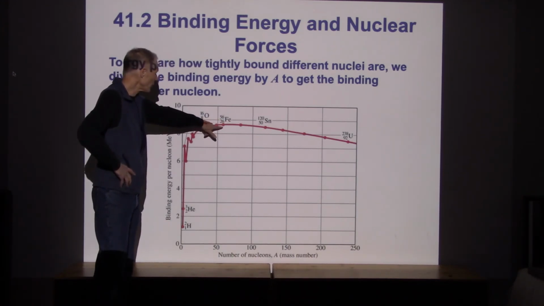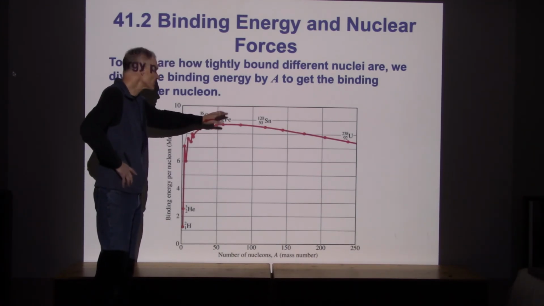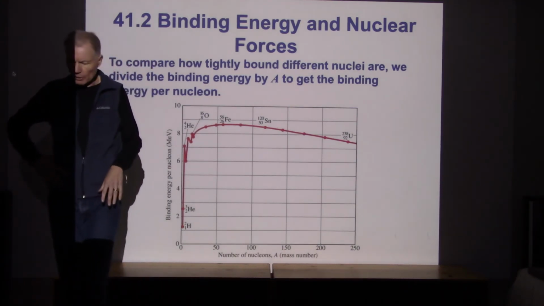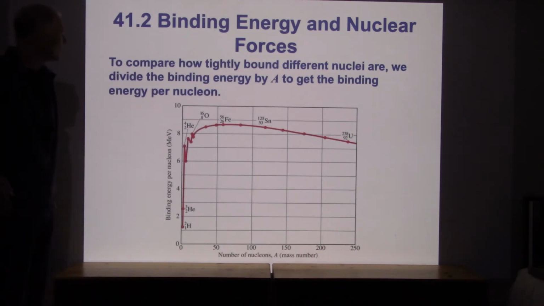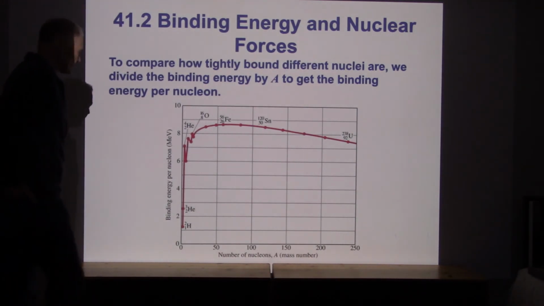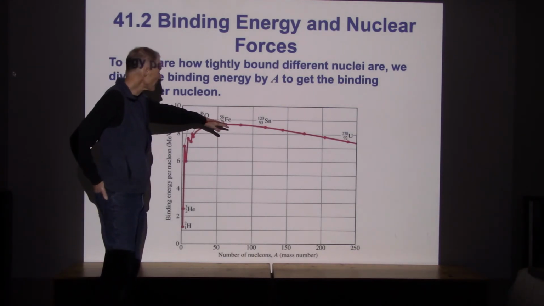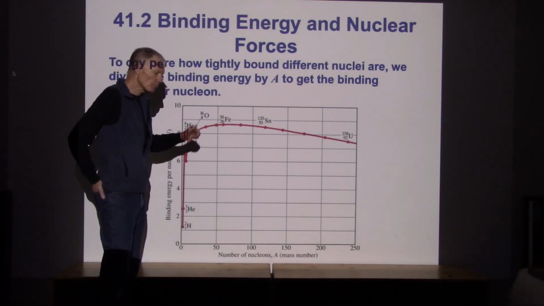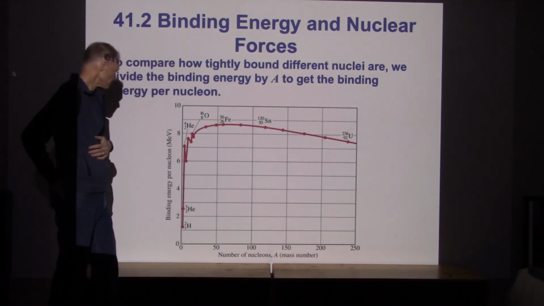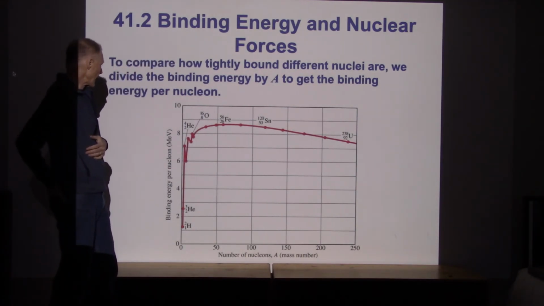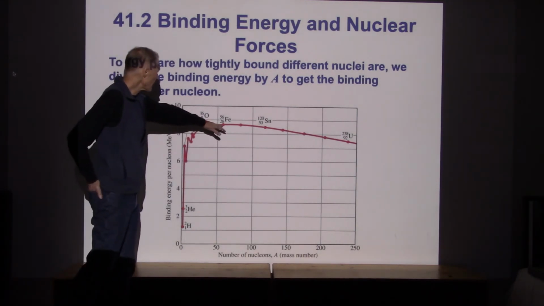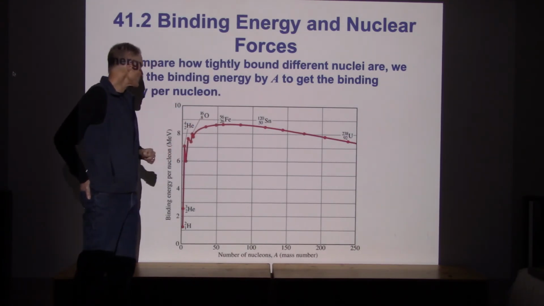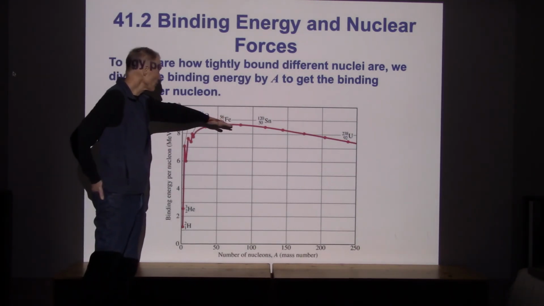They've picked out what is often considered the most stable isotope in terms of nuclear binding energy, and that's iron-56. Iron-56 has one of the very highest binding energies per nucleon, about 8.7 or 8.8. So those are the most stable.